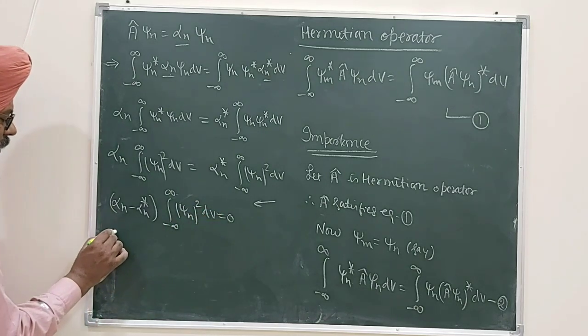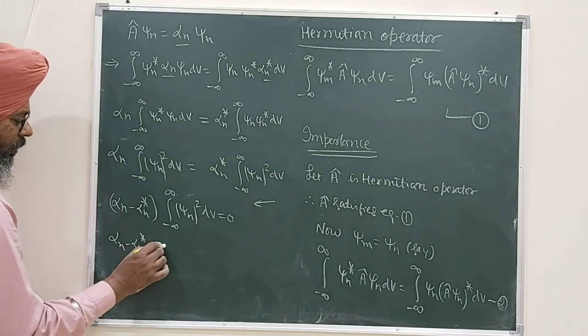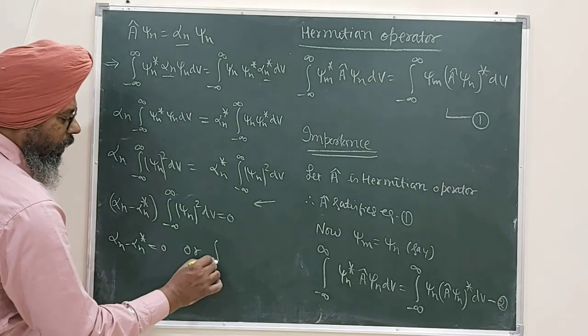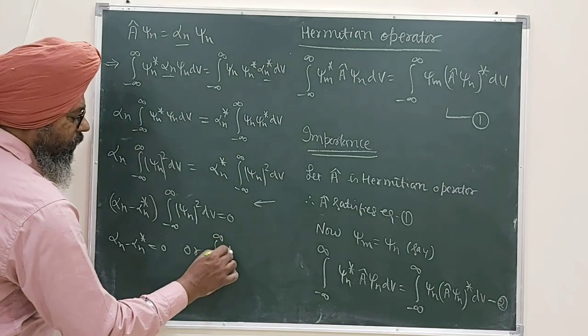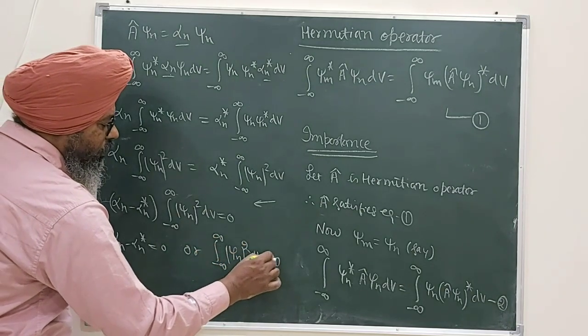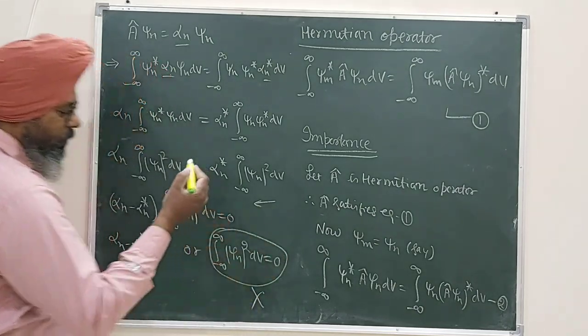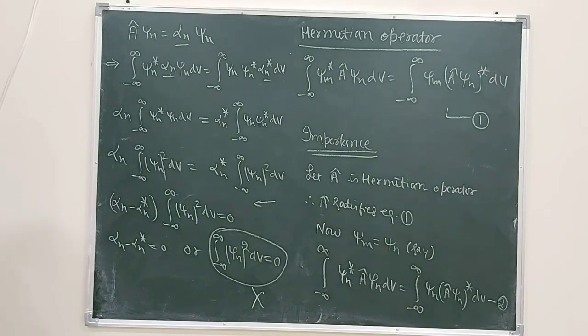This gives me either alpha n minus alpha n star equal to 0, or integration minus infinity to infinity psi n magnitude square dv equal to 0. However, this is not a possibility. This quantity cannot be 0.